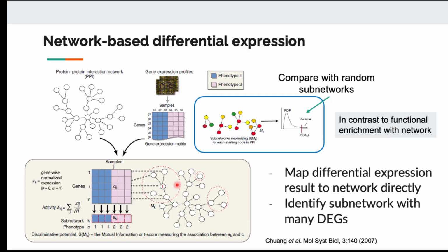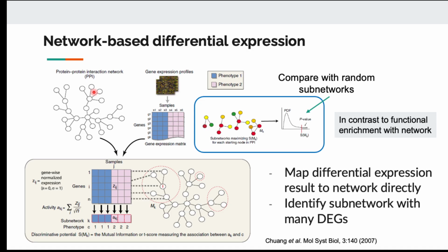Okay. And for the last example, I want to go back to differential expression analysis. When we analyze transcriptomic data, we perform differential expression and identify genes that are up or down regulated. Then we have functional enrichment techniques where we want to see whether our differentially expressed genes are connected on the protein interaction network, whether they are in the same area or the same pathway inside the network.